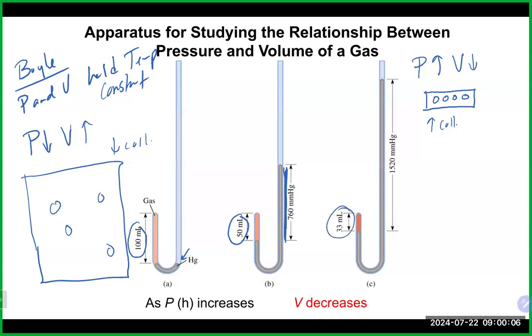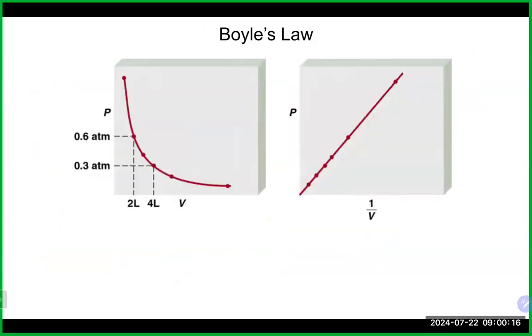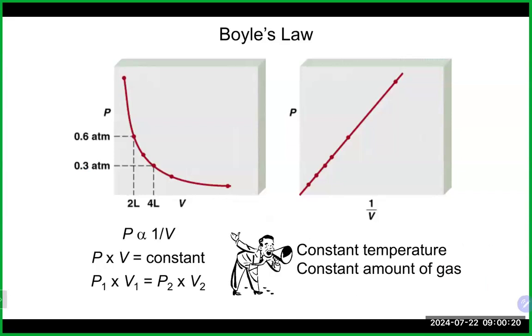And as we get even smaller in terms of the volume, we see a much greater rise in the mercury, which will result in a higher pressure in that particular situation. So that is Boyle's law, and that is basically P1V1 equals P2V2. This is what is known as Boyle's law, and this is at constant temperature.